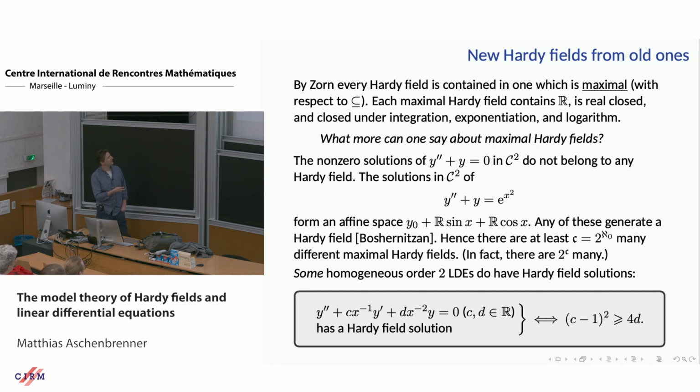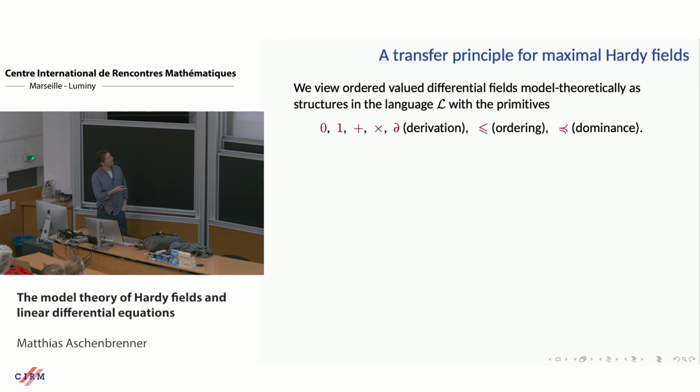All right, so now our main theorem. I like to phrase this as a sort of transfer principle for maximal Hardy fields. We now want to view these Hardy fields as model theoretic structures. The language that we use has the following primitives. First, it's the language of differential fields, with a symbol for the derivation.